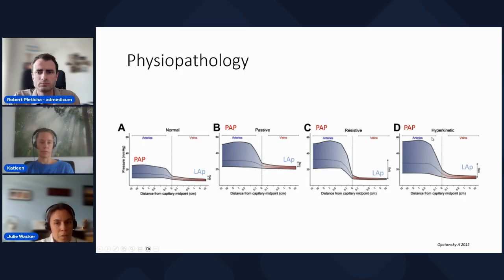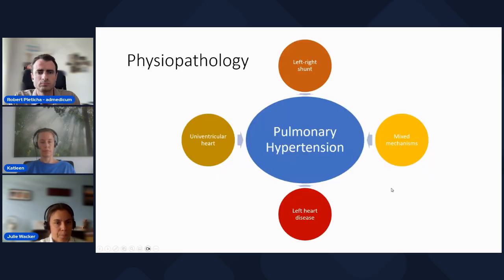But sometimes, like in hyperkinetic pulmonary hypertension, like in shunts, which we'll see in a short while, you can have a left atrial pressure that is not very elevated, but the drop of pressure is very impressive inside the pulmonary vasculature because of the increased resistance.